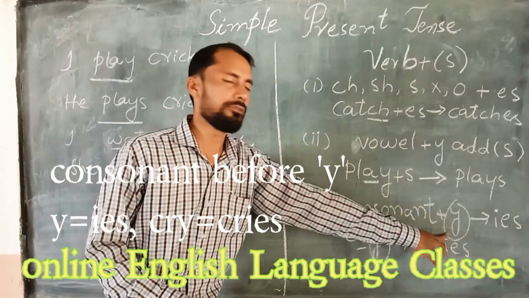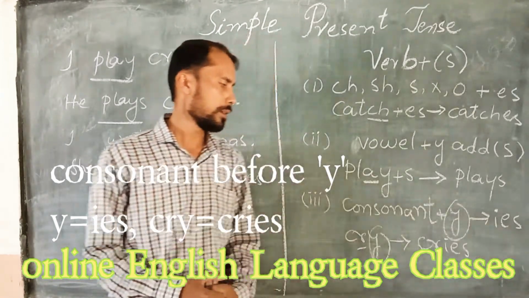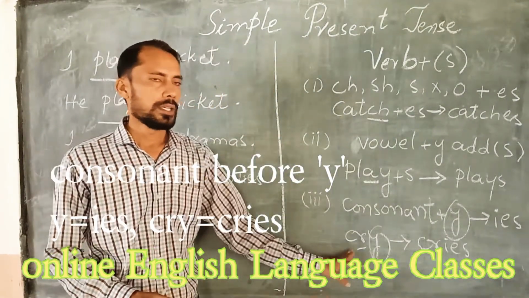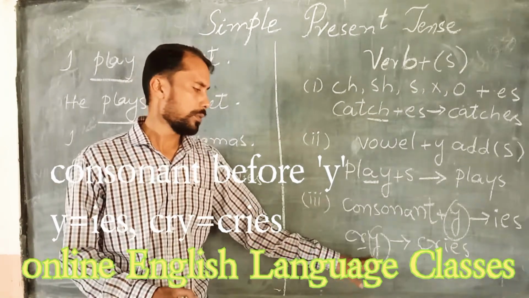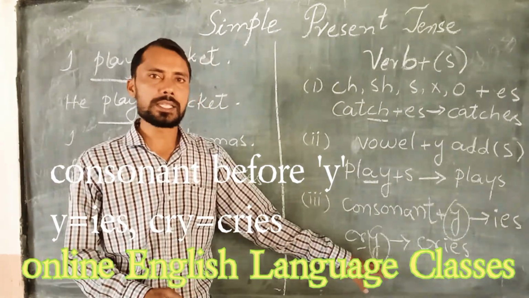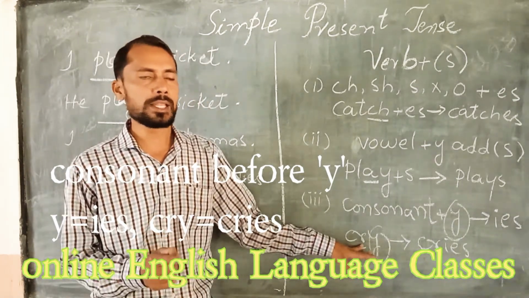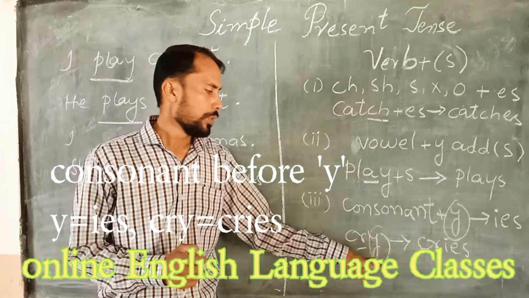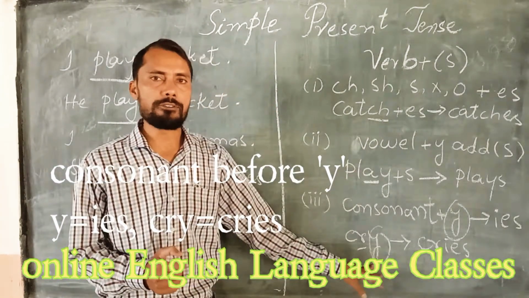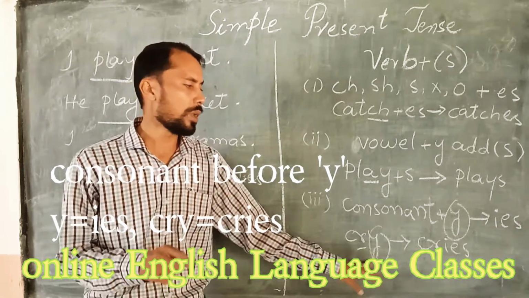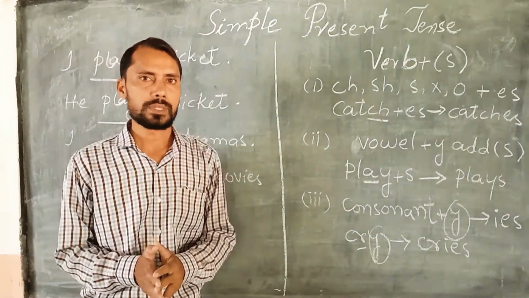But instead of Y, we put IES in the end. Now here you have a verb, cry. So Y is the ending letter, and before it there is R, that's a consonant letter. So you put IES in place of Y, and it becomes cries.